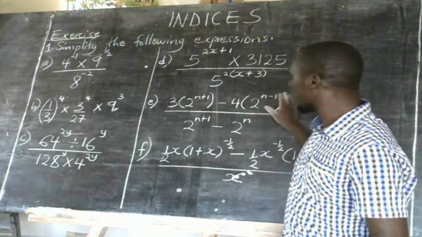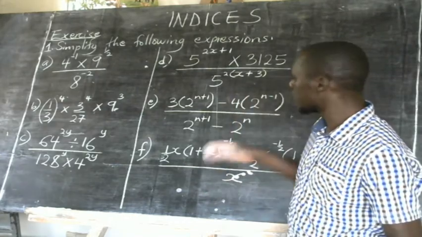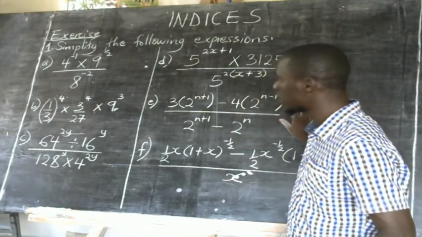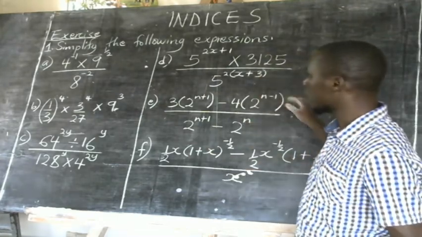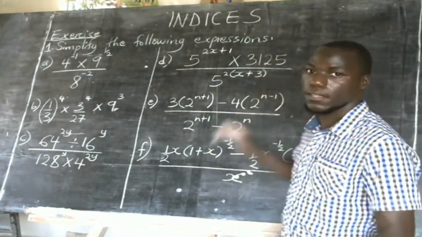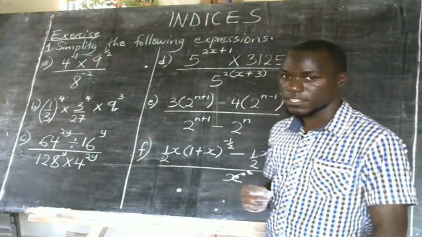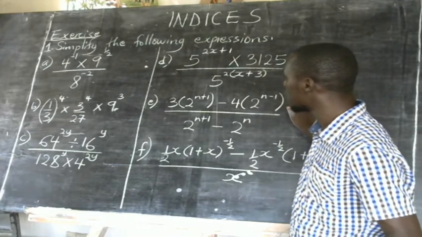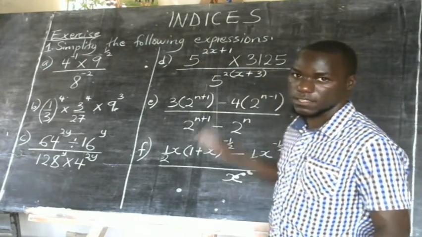So you can go to the reference books. For example, in Pure Math by Backhouse, book 1, you can go under the chapter of useful topics in algebra. That's when you are going to find the indices, logarithms, and the surds there.